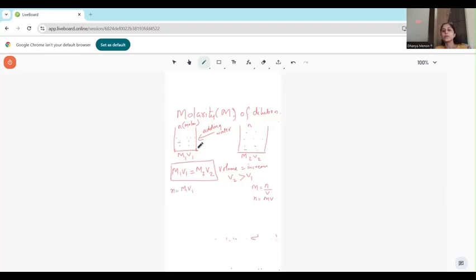I just told you the number of moles of the solute does not change when you add water, because you have not done anything with the number of solute particles. You have just increased the volume. So let's take this as n initial and n final. So n initial is equal to n final. So that means M1V1 is equal to M2V2.